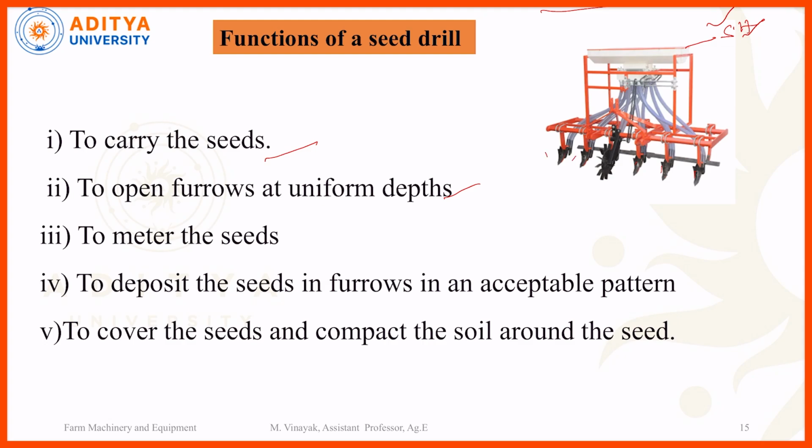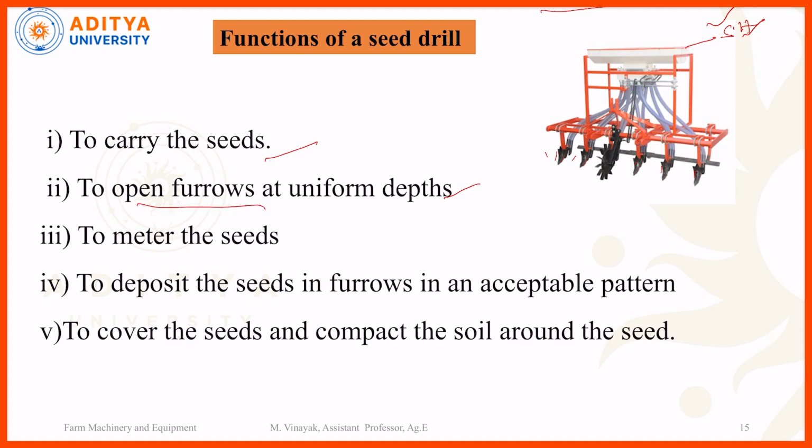Whatever the seed or farmer requirement, the depth of operation will be adjusted by the tractor hydraulic system. Based on the seed requirement and farmer requirement, we can set the optimum depth of operation, to open up the furrow at uniform depth.